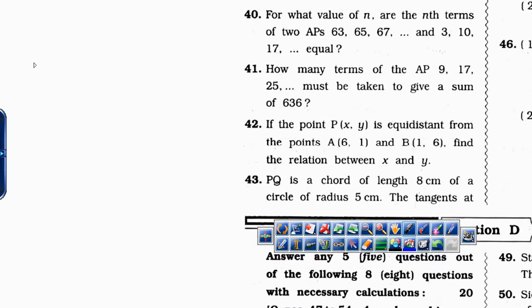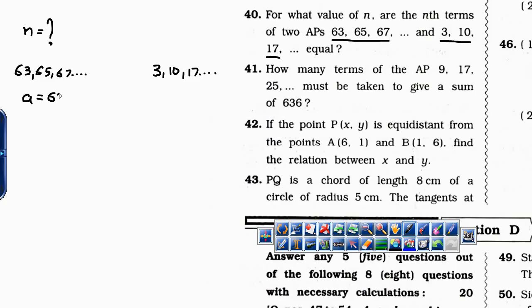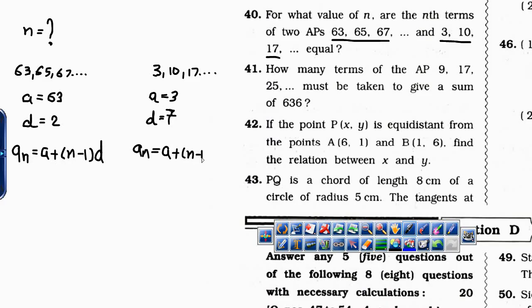For what value of n are the nth terms of the 2 APs equal? Write the first AP on the left side, the second AP on the right side. a is 63, d is 2; a is 3, d is 7. Find a n. a n is a plus n minus 1 d. Here also a n is a plus n minus 1 d.